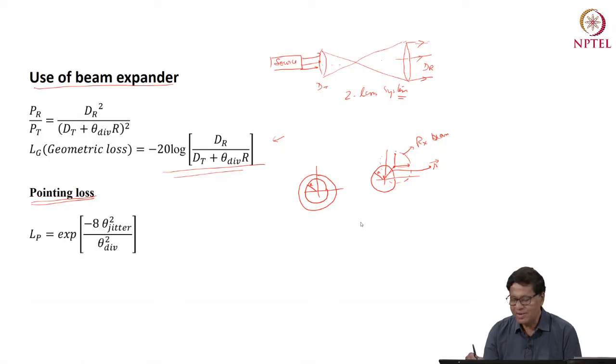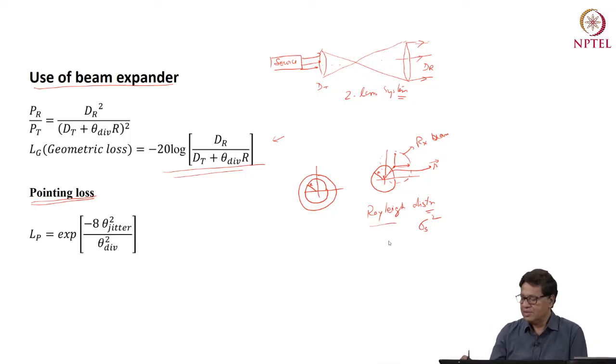So this R vector actually follows a Rayleigh distribution with variance sigma square. This has been empirically studied, experimentally seen, that this R vector follows a Rayleigh distribution with variance sigma square.